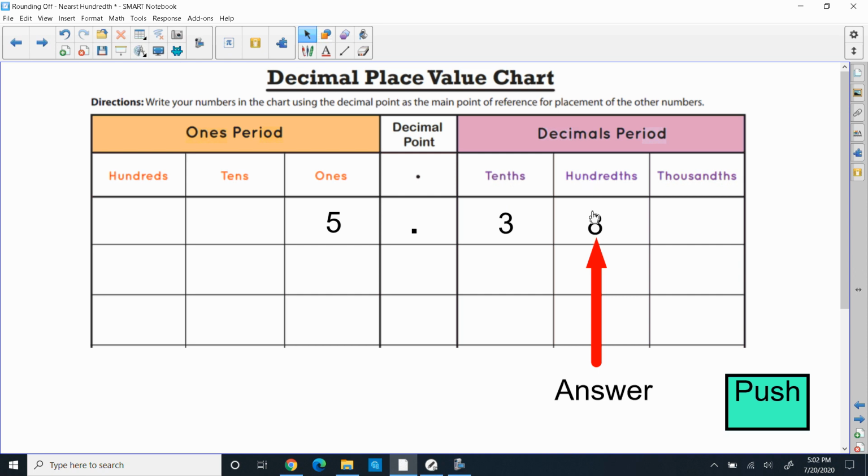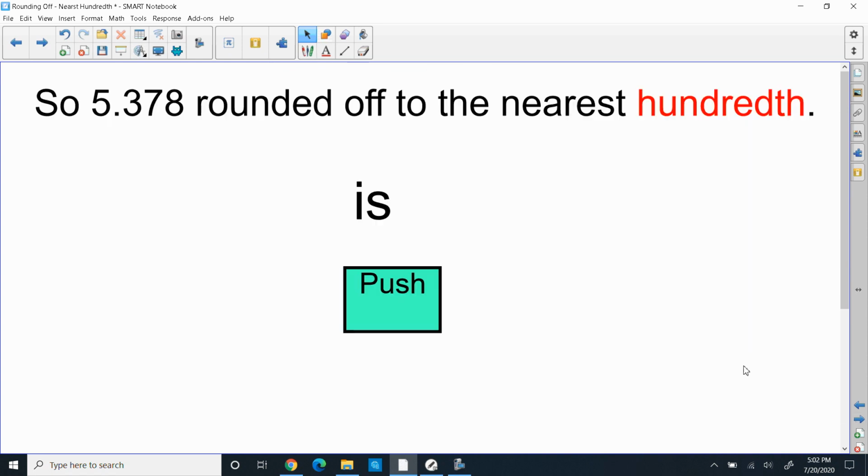So the hundredths place now has an 8 in it. Notice the thousandths number is gone. We don't need that anymore. We still have our 5.3, and our new digit is 8. So the answer is 5.38. We rounded off our number, which was 5.378, to the nearest hundredth. So that's going to be 5.38.